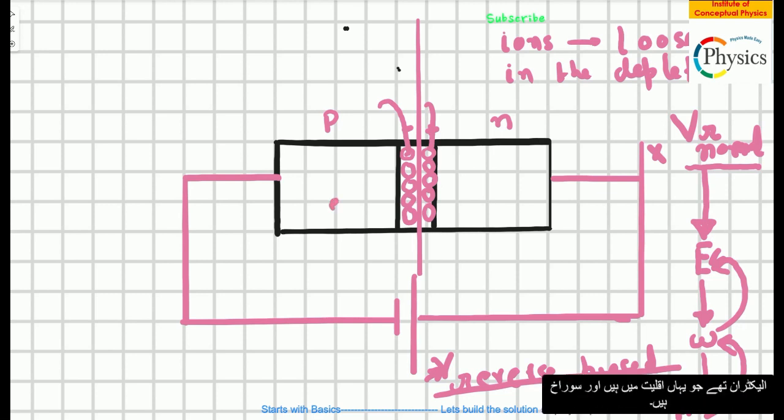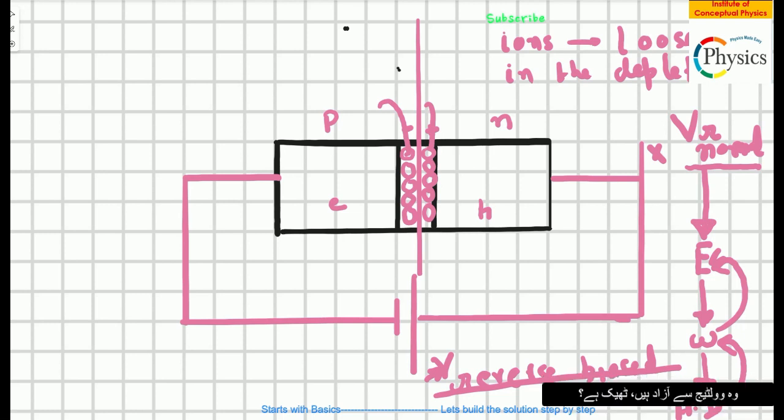There were electrons in minority here and holes in minority here. These constituted the drift current, and they're independent of the voltage, right? So the drift current is a saturation current, and because of the limitation imposed by the quantity of minority carriers in P and N respectively, there's a limitation.